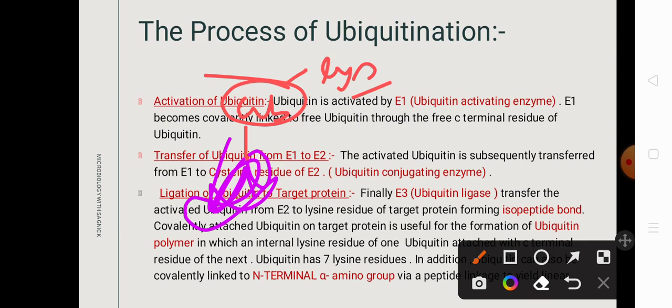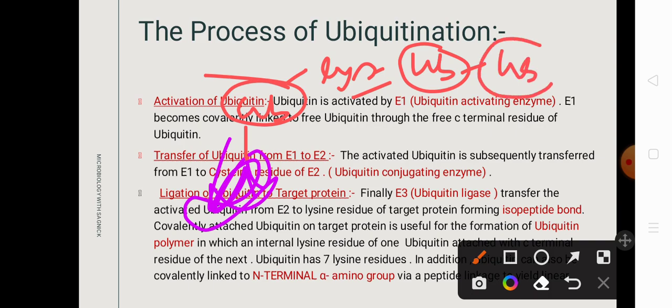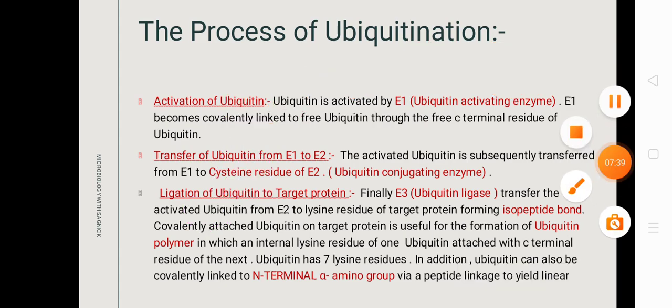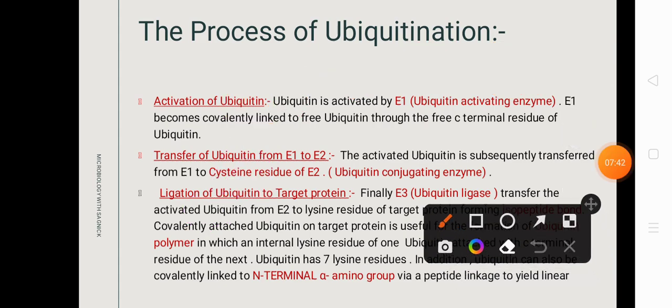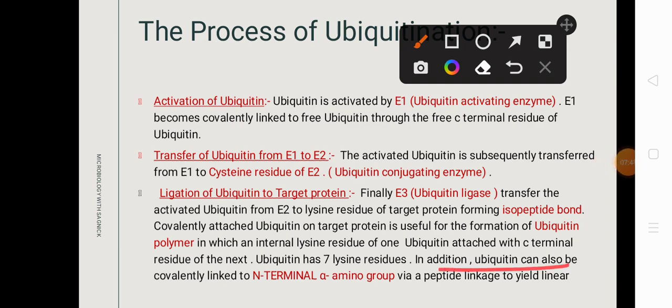Now this free lysine residue will interact with another ubiquitin. That's how the entire polymerization of ubiquitin occurs. This is one kind of polymerization of ubiquitin that can occur. Another is that a particular ubiquitin can form a covalent interaction with the N-terminal alpha amino group via a peptide linkage to yield linear polyubiquitin.